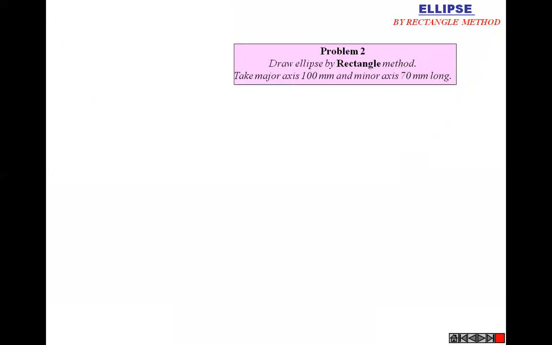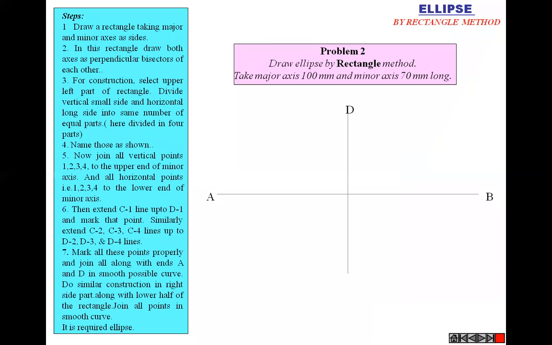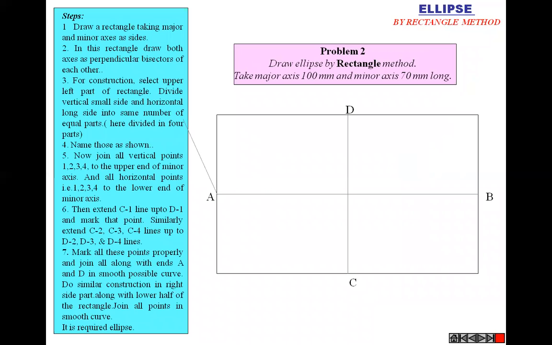We'll discuss one method, the rectangle method, to draw the ellipse. In this, the major axis and minor axis are given. We draw the major axis of 100 mm and the minor axis of 70 mm, perpendicular to each other. Divide this line into four equal parts.